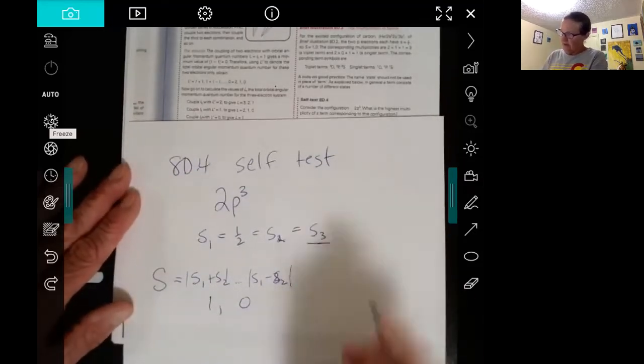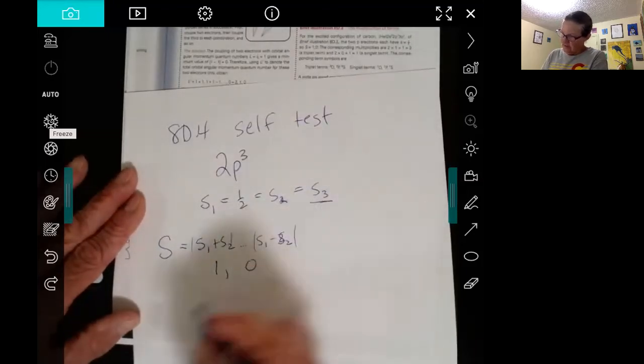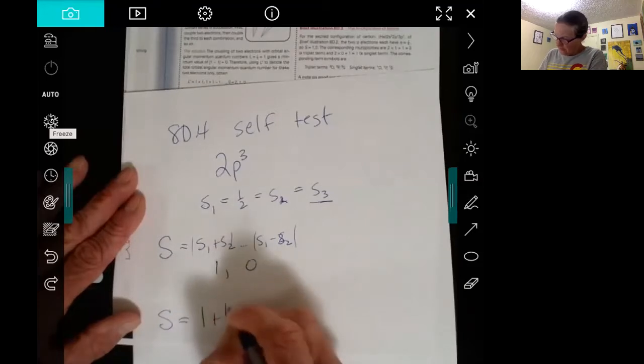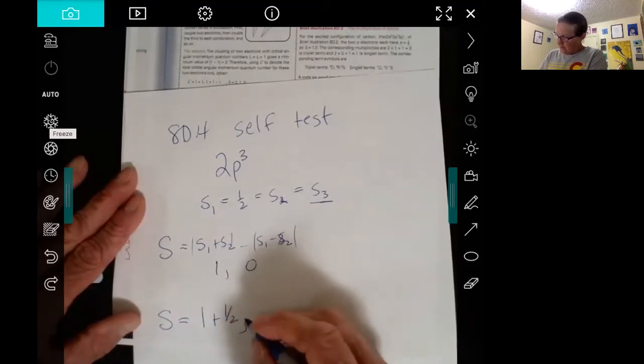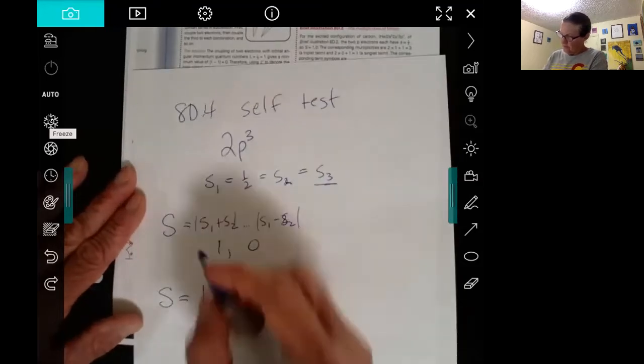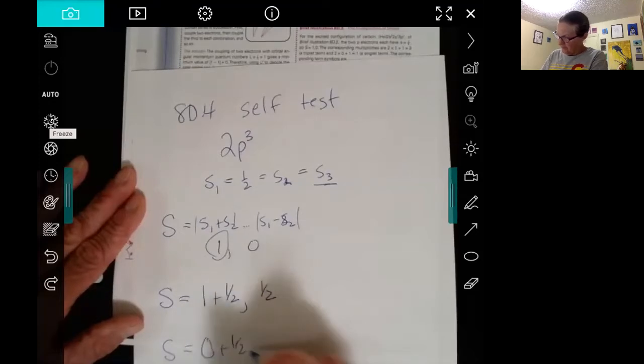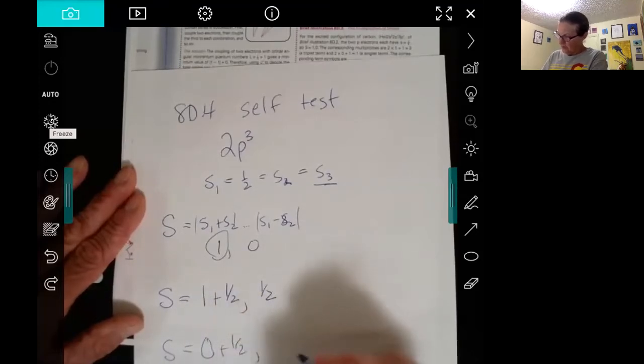Then you have to pair that with the other electron. So now you start with that one and add it to S3, and you end up with 1 plus 1/2 down to 1 minus 1/2. So those are the only two when you start with this one. And then 0 plus 1/2 just gives you another 1/2.